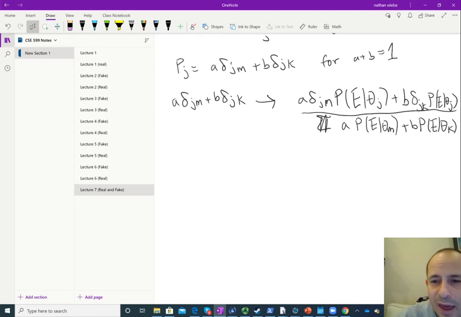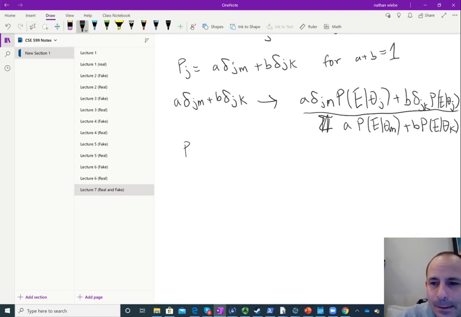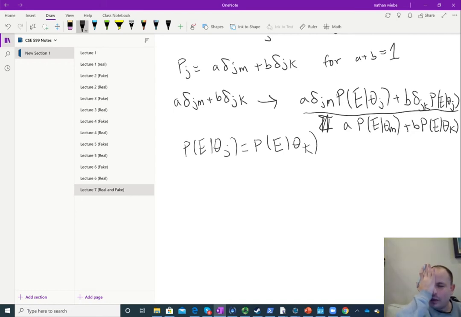So we have to have that p of e given theta j equals p of e given theta k. Okay, that's the only way that that's going to happen. Now, if we have that, and we divide through by this, then we end up getting 1 down here, so everything's all cool. So this is the criteria for it.